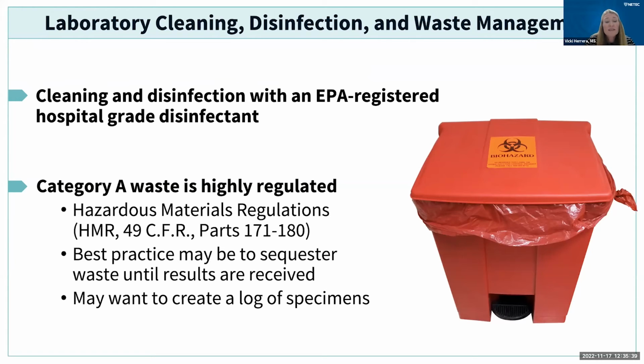Then the waste is highly regulated and will need to be handled according to federal, state, and local regulations. You may want to create a log of specimens, including waste tubes, so that you know exactly where everything is in case that patient is ruled in or is a presumptive positive for Ebola. You want to make sure that the tubes do not end up accidentally somewhere else in the laboratory. We want to make sure that everybody is safe in this situation.